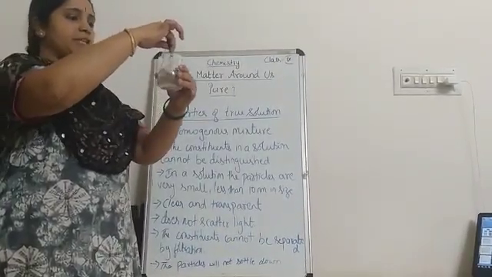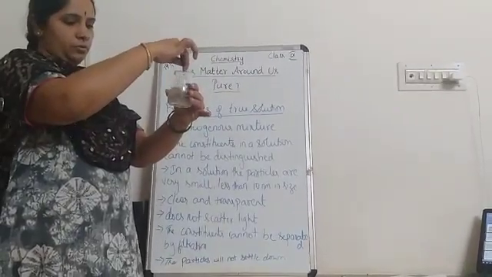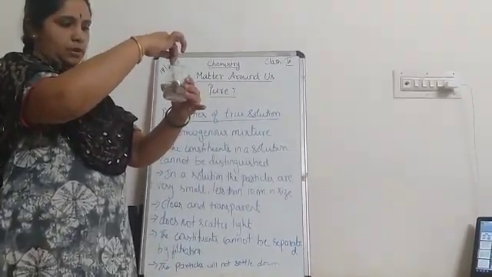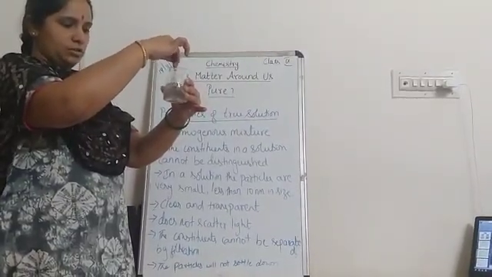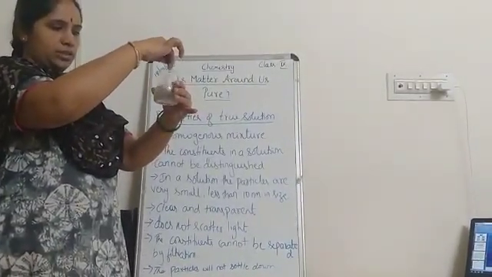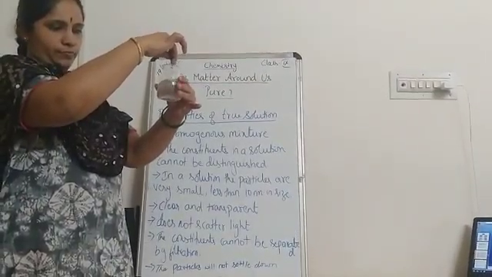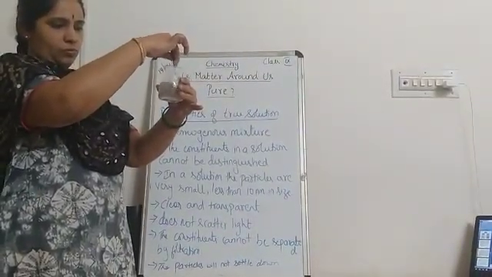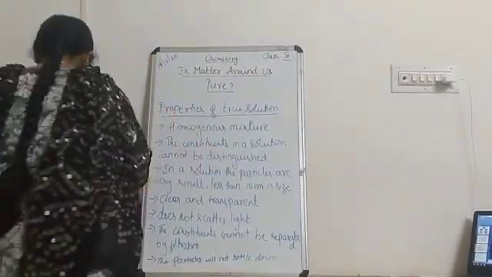I am stirring it to dissolve the sugar in water completely. A little amount of sugar is left out, so let me stir it again to dissolve more. Okay, so now I have dissolved sugar in water.